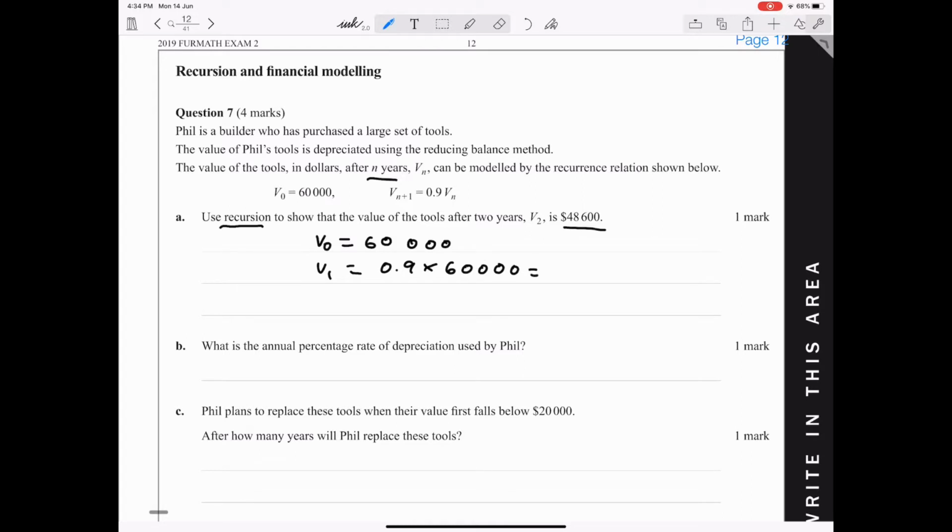If you put that on your calculator, you'll get 54,000. So to find V2, we use the value of V1, 0.9 times 54,000, which equals $48,600, as stated in the question.